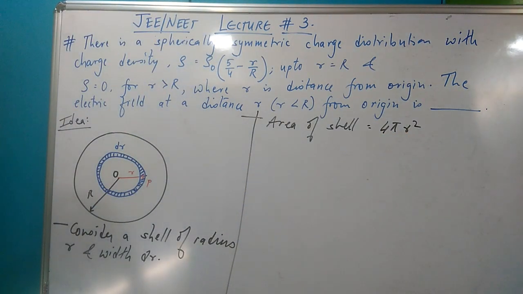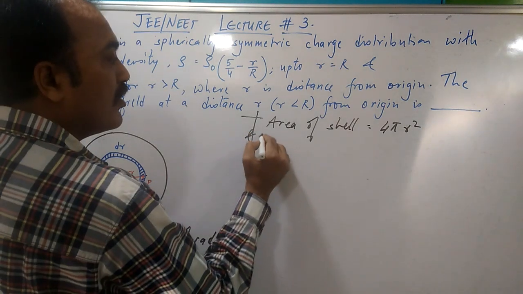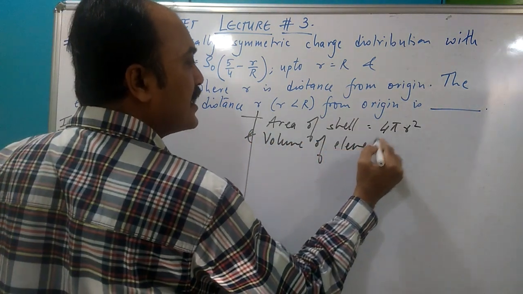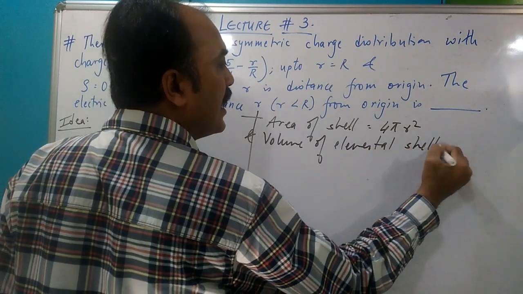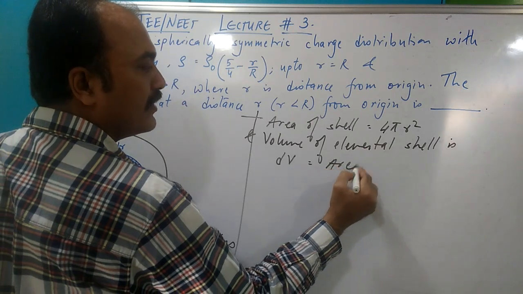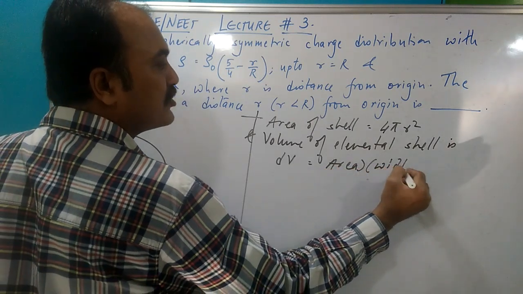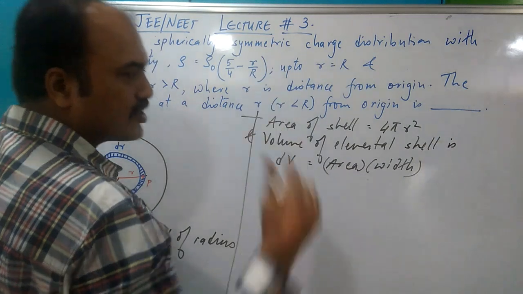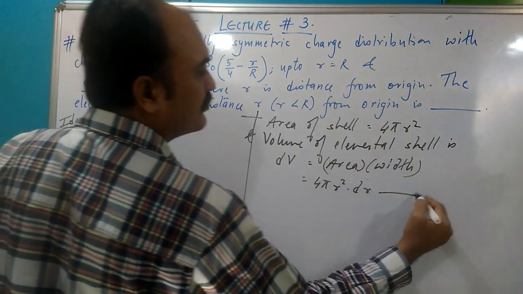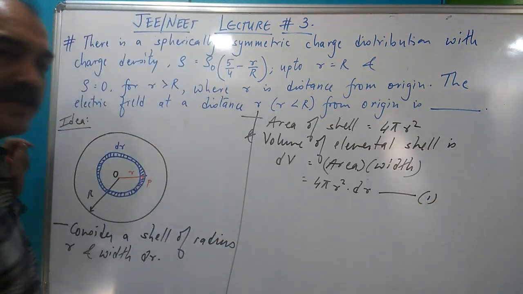But do we need area? No, we need volume. And volume of elemental shell dV is area into the width of that shell, the thickness of that shell, 4 pi r square into dr. This is my first equation.